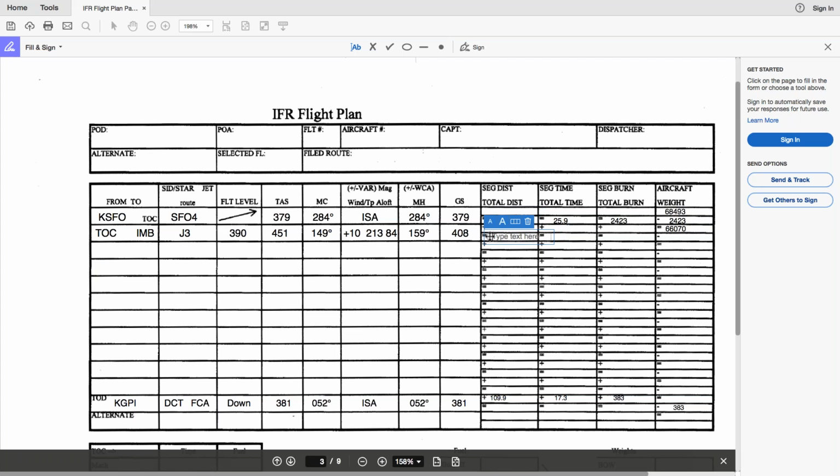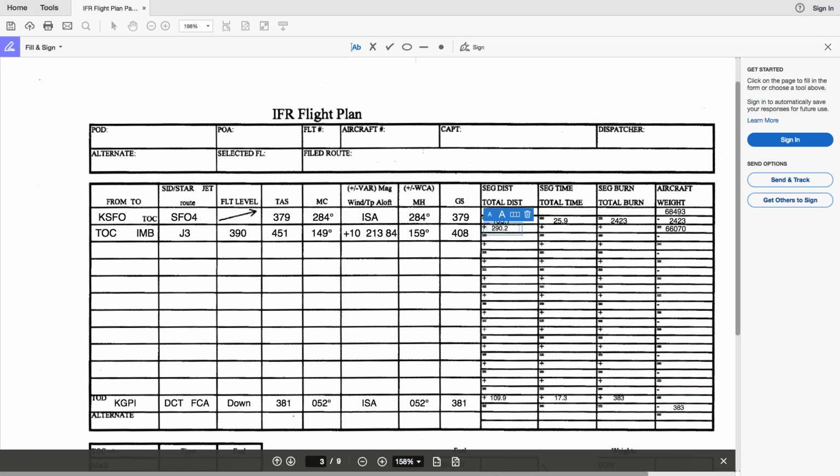Now our total distance that we had there was 290.2 miles. What we figured out earlier, right? 290.2.